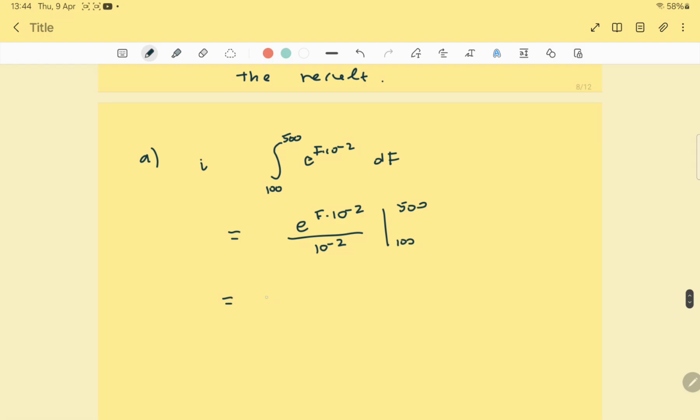So that's going to be 100 times e to the power of 500 times 10 to the minus 2 minus e to the power of 100 times 10 to the minus 2.